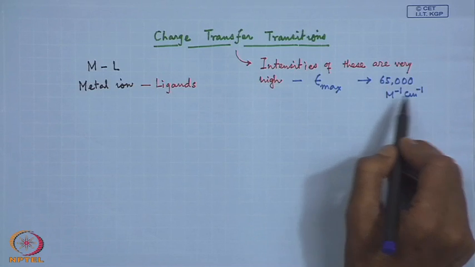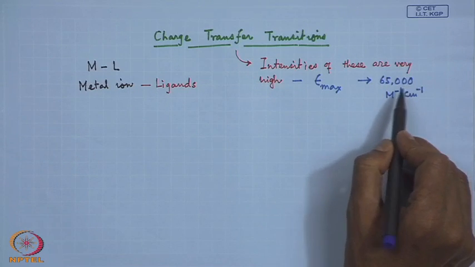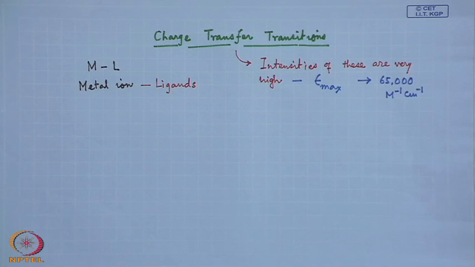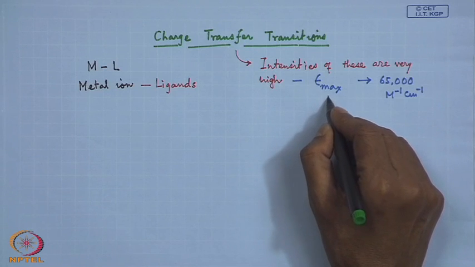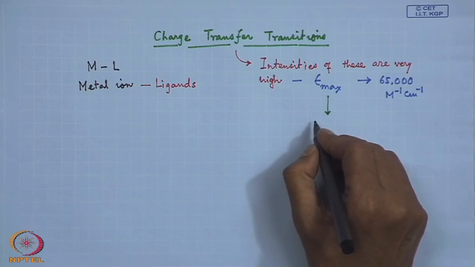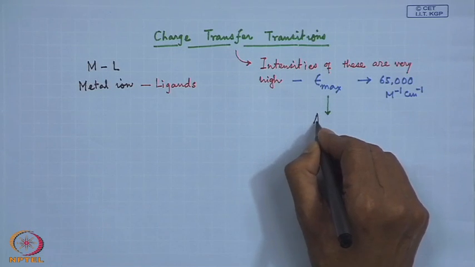So, in that particular unit we can find out that a very high concentration is not required for these charge transfer transitions. So, we can detect. If we can monitor a particular charge transfer band for any metal ligand system, we will find that it can be of very much analytical use.